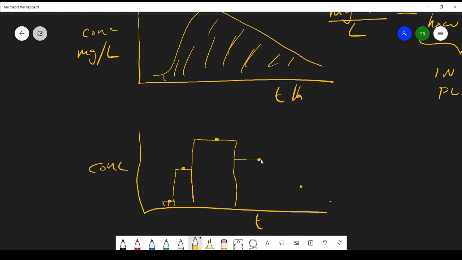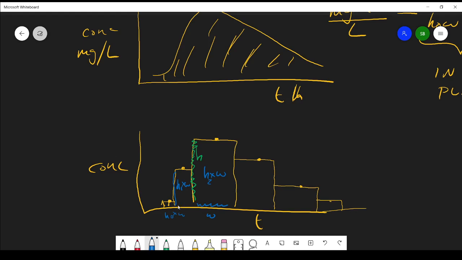I haven't drawn this very well, but you get the idea. A first approximation is going to be adding up the areas of all these. So you've got the height, and you've got the width here. So that's h times w, h2, h1 times w, h0 times w, etc.